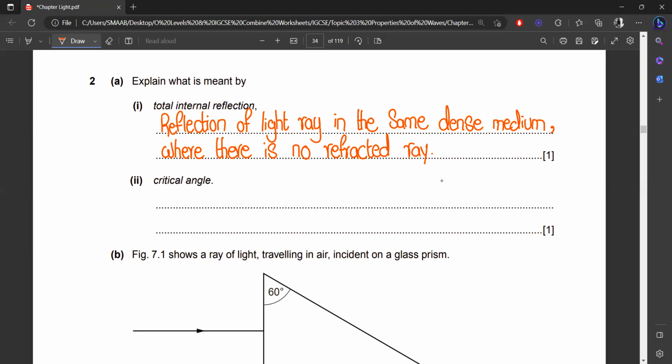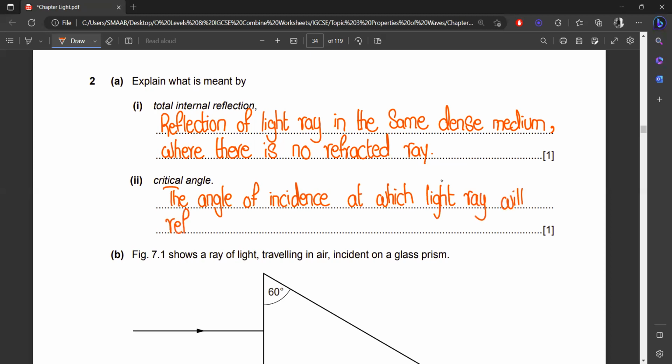The angle of incidence is basically the angle at which the light refracts at 90 degrees, right?